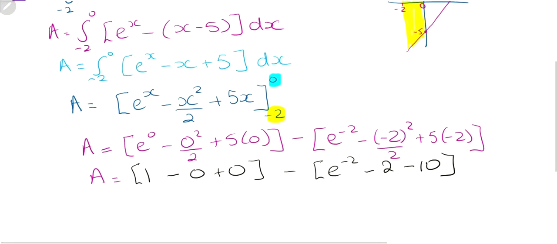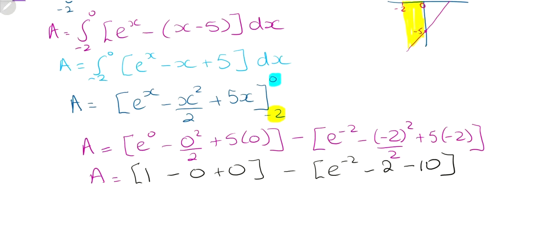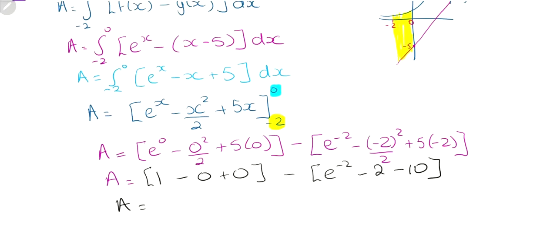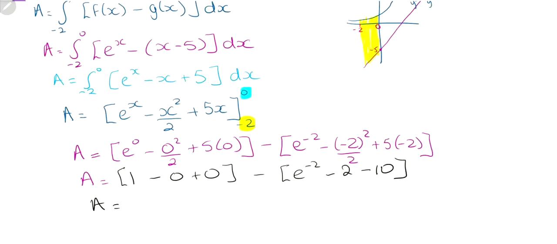So now we're just going to simplify this. So this is our total area that we've worked out, which is under our graph. So we have 1 minus e^-2 plus 2 plus 10.